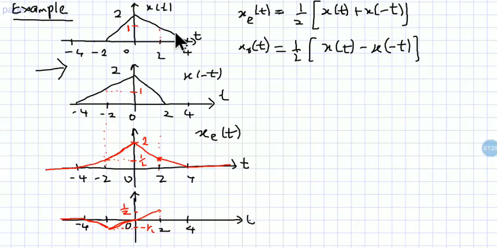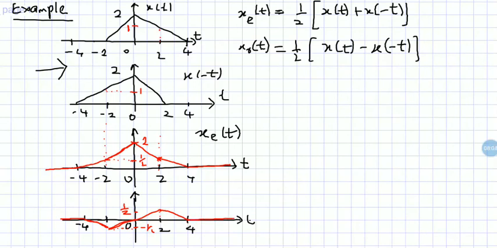Just before time equal to 4, the amplitude is half. You subtract 0, so you get half, and you divide it again, so it's going to be even smaller. After t equal to 4, you have 0. So you have something that looks like that.